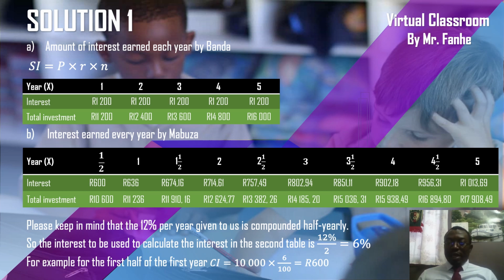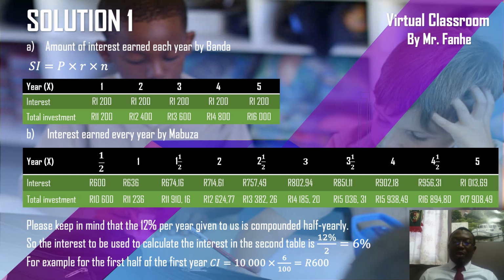Now we move to the second year. The total investment for the first year will now be our principal for the first half of the second year. So then we have 11,236 times 6 over 100, and then we get 674.16, and we add it back to the total investment of year 1.